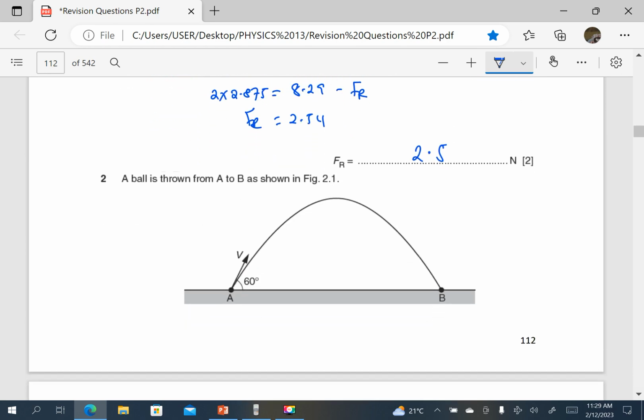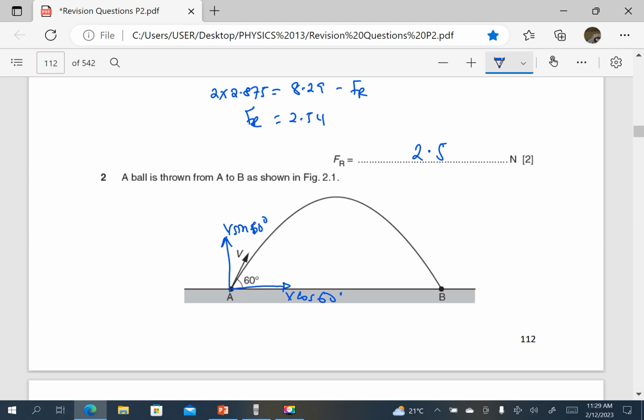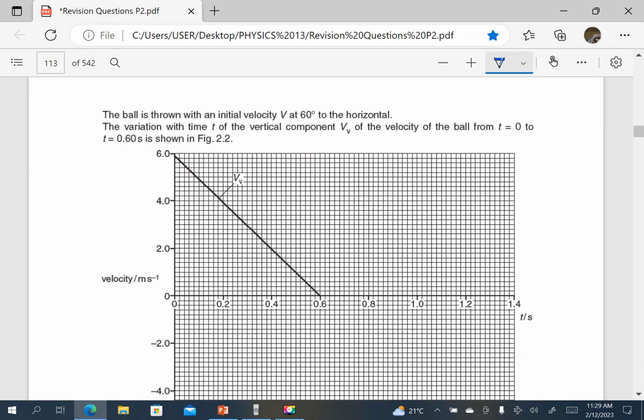A ball is thrown from A to B as shown in the figure. If you want, you can resolve velocity in the horizontal, it will be v cos 60, and in the vertical, it will be v sine 60. The ball is thrown with an initial velocity of v at 60 degrees to the horizontal.